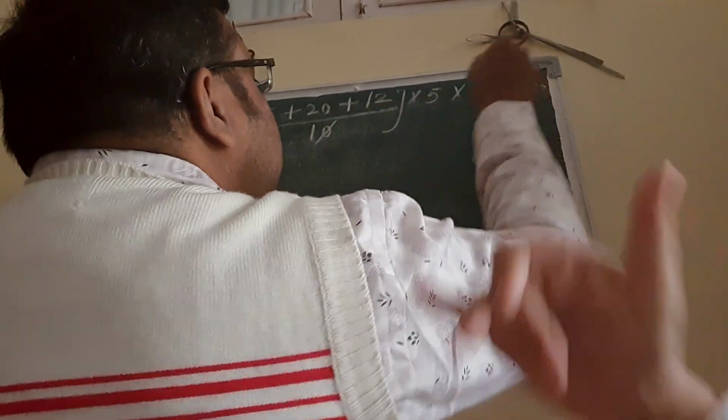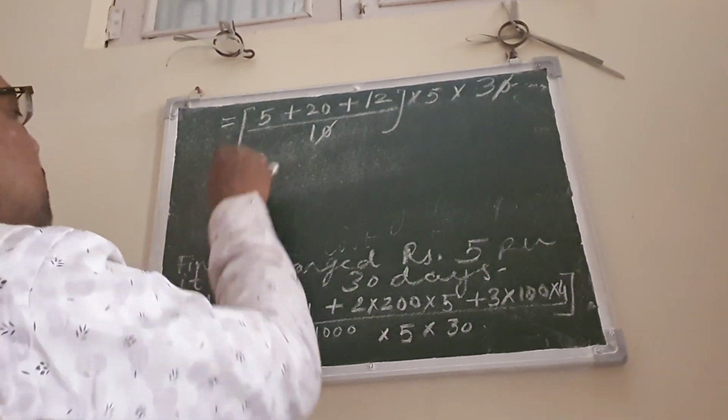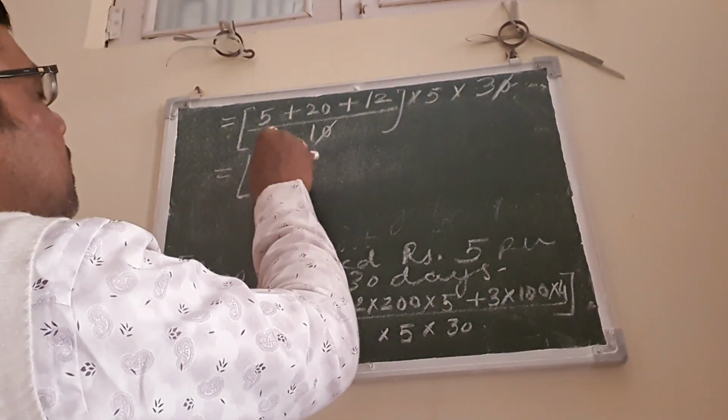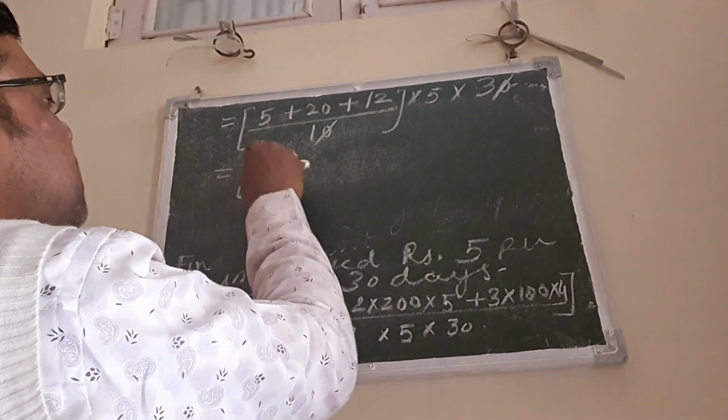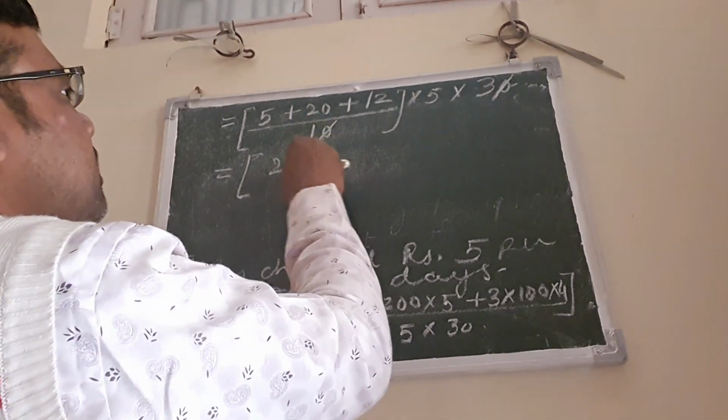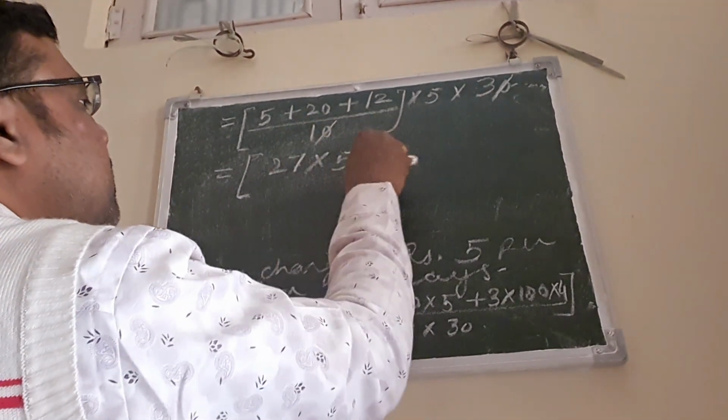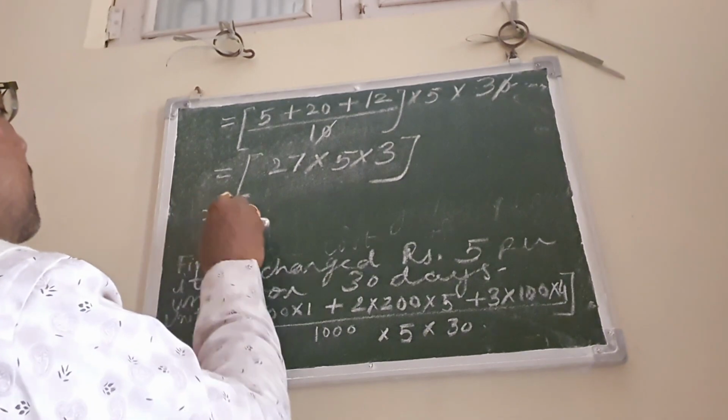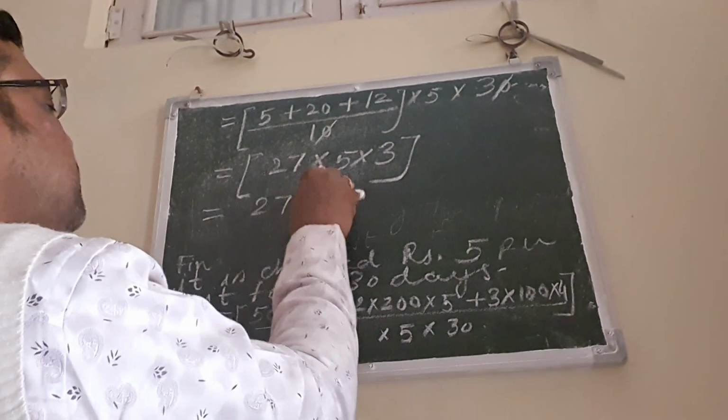The 0 and 0 cancel from here, so it will be 27 into 5 into 3, so it will be 27 into 15.